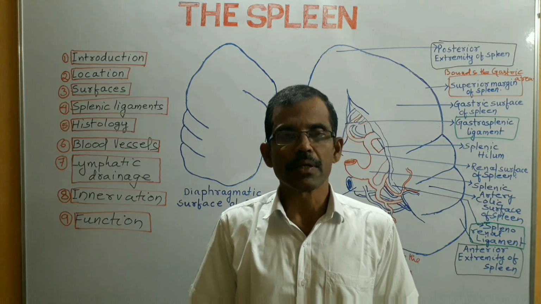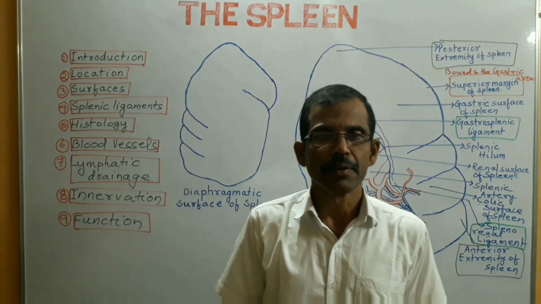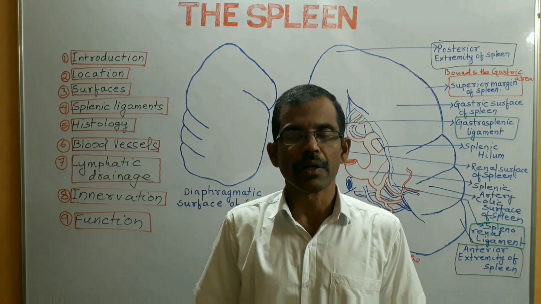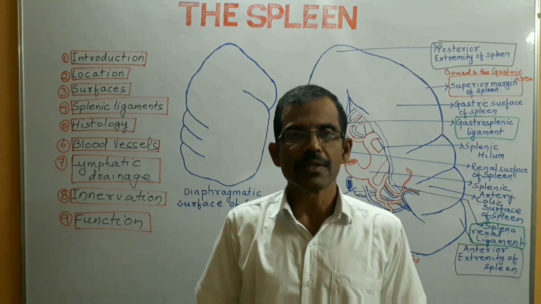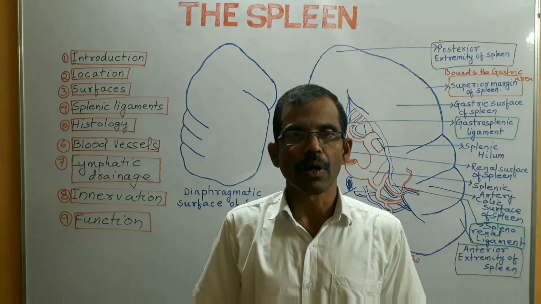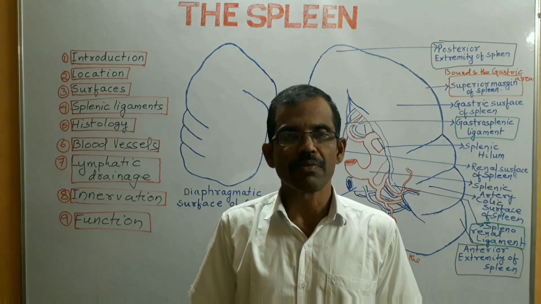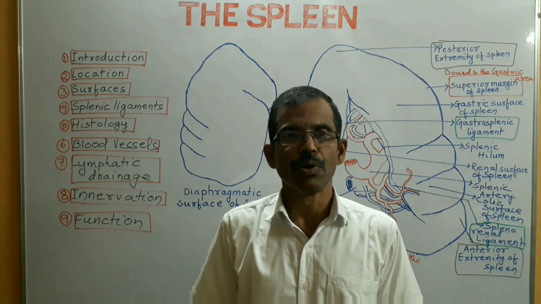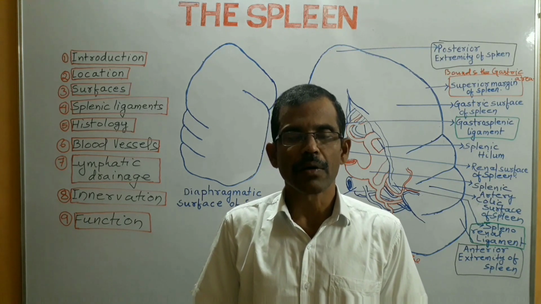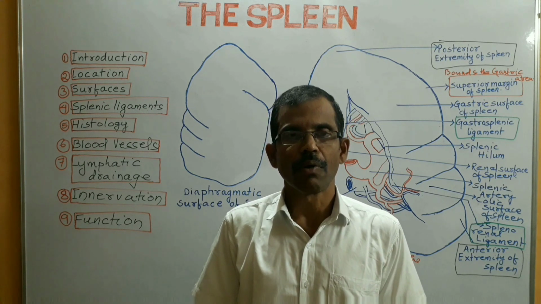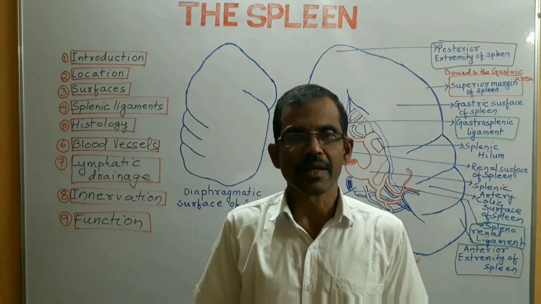Today we shall discuss the spleen. The spleen is the largest lymphoid organ in our body. It is a secondary lymphoid organ. Its network of trabeculae, blood vessels and lymphoid tissue provide an environment in which lymphocytes proliferate while old damaged erythrocytes are recycled.